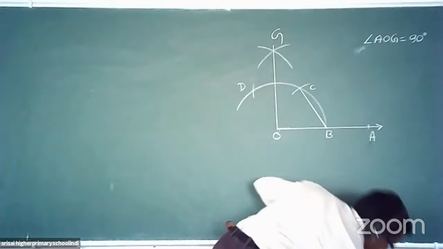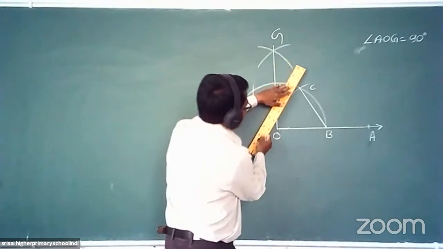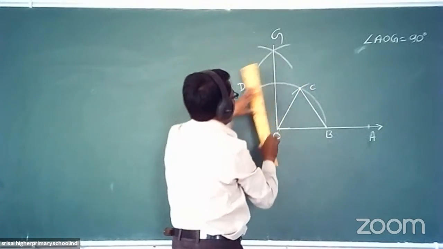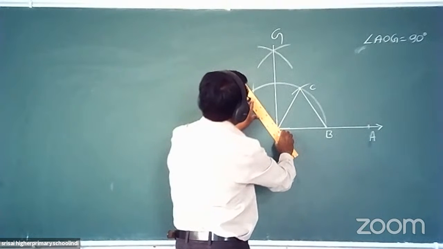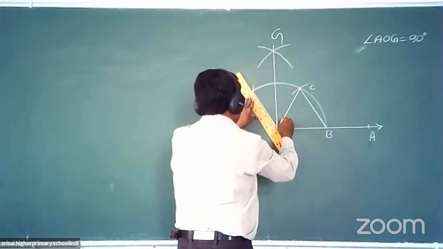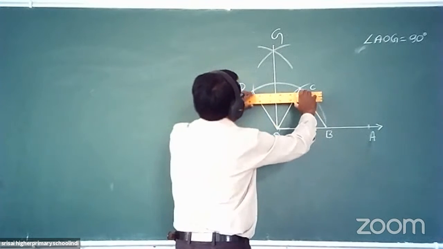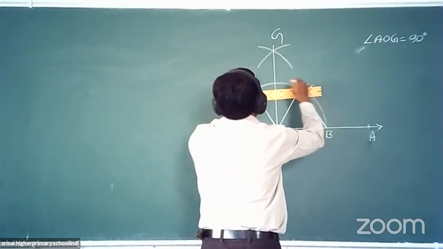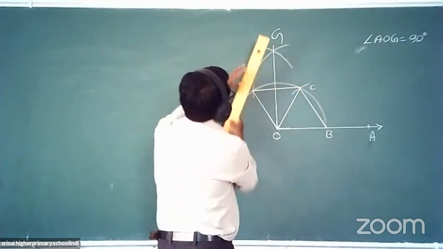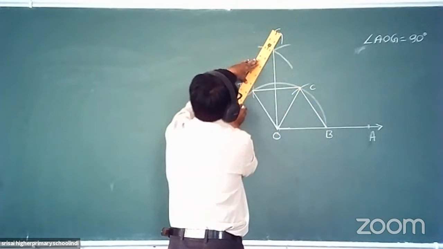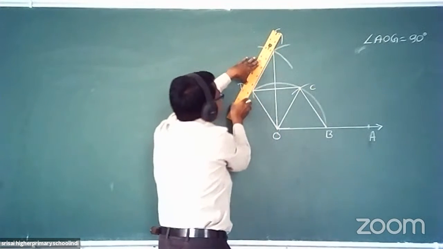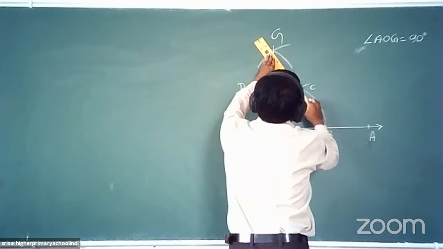Similarly, join OC. Then join OD. Similarly, join CD. You should join this BG also. Then join CG.